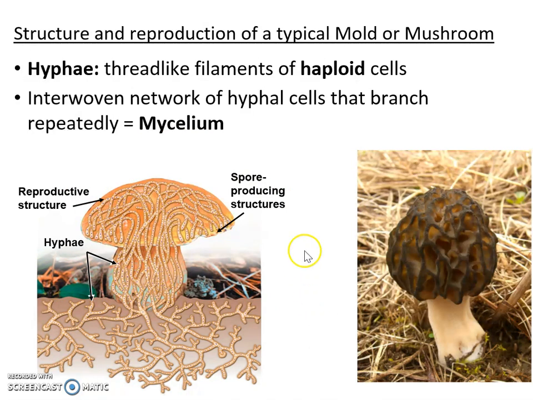Those threads are going to branch all over the place, and they make up what's known as a mycelium. And so that's this big structure that we see here. If you put it under the microscope, you would be able to see all of these long thread-like cells. And some of them are basically a continuous cell with the cell wall along the outside.